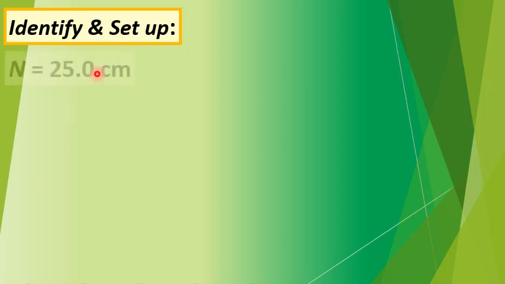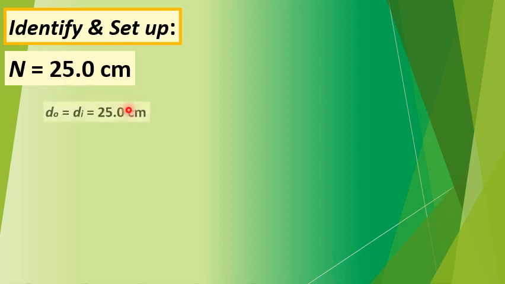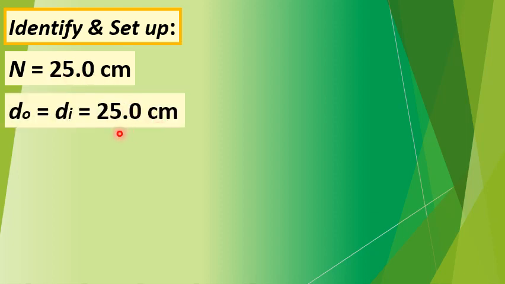We are given the near point, capital N, equal to 25.0 centimeters. The object distance, d sub o, and the image distance, d sub i, have the same magnitude, equal to 25.0 centimeters.